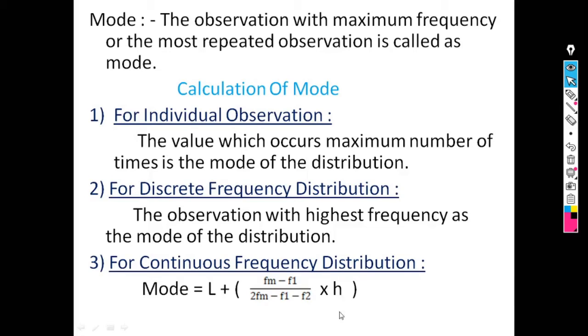Class width is defined as upper class boundary minus lower class boundary.